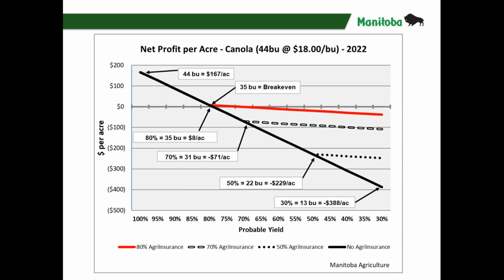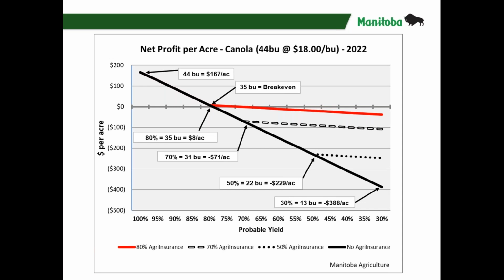And I think especially after last year's drought and the yield effect of last year's drought, as we start sliding down that line, so as we start getting less yield, obviously profitability deteriorates as well. But at the Acre Insurance 80% level, it essentially comes in and stops the bleeding, stops the loss. And in this case, that's at 35 bushels an acre.